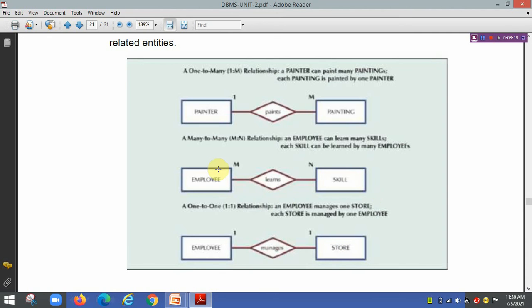Next, many to many. Here employee learns skill. Skill is an entity, employee is an entity, and the relationship is learn. There are a number of employees.